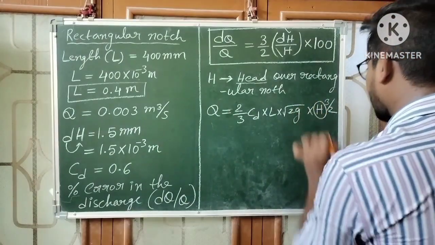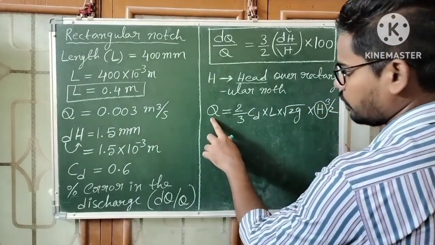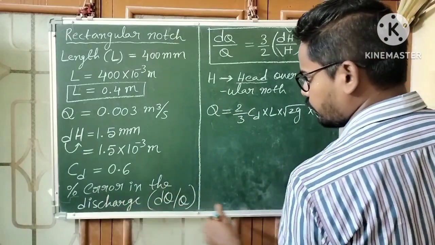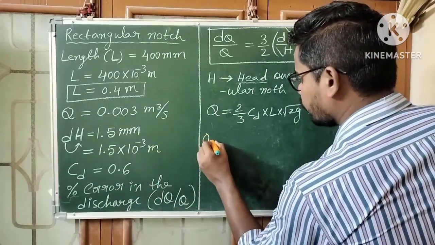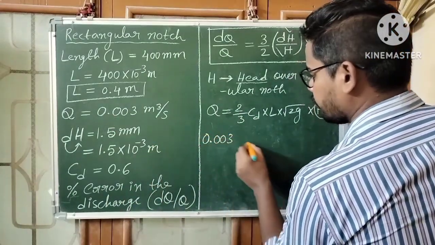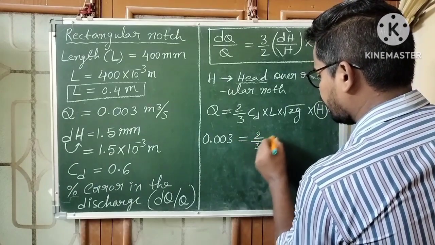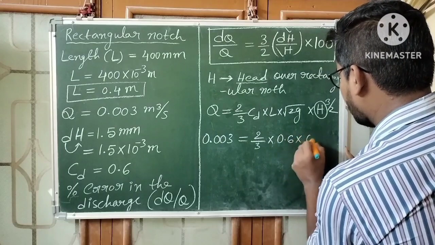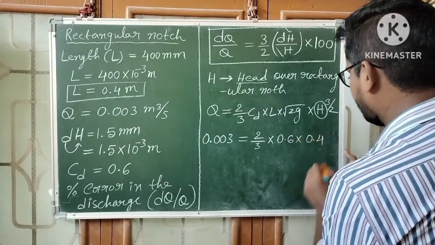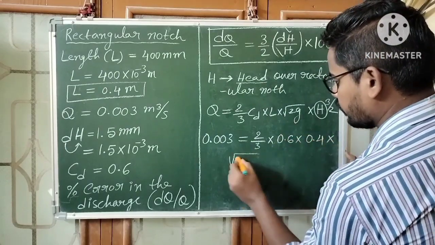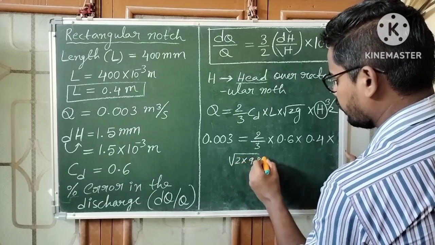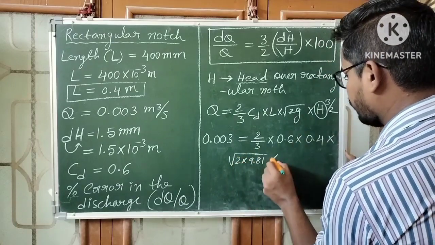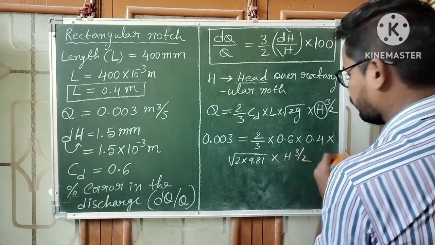Here our unknown is H. Q is already given. Substitute all the values: 0.003 is equal to 2 by 3 into CD, 0.6, into L, length 0.4 meters, into root over 2 into 9.81, acceleration due to gravity, into H power 3 by 2.